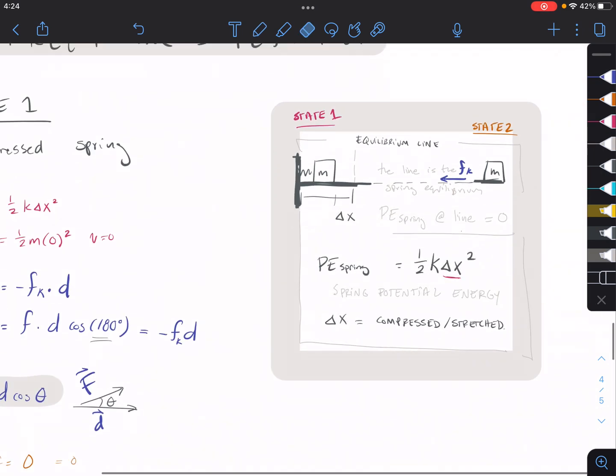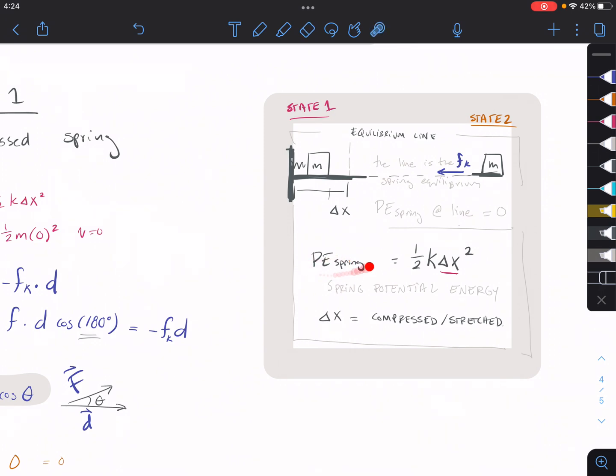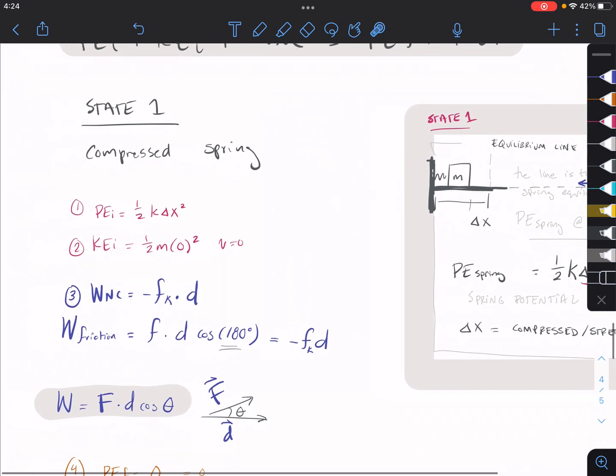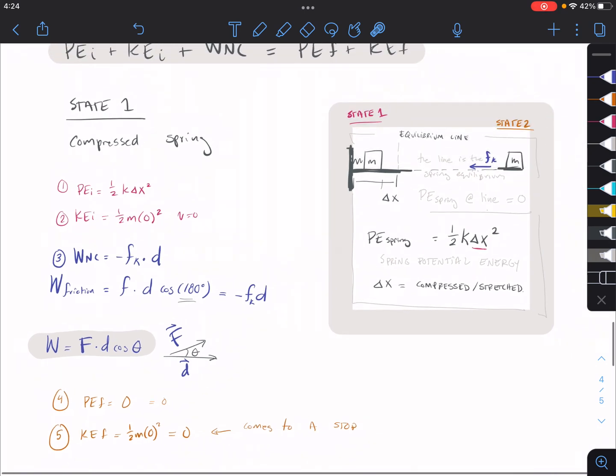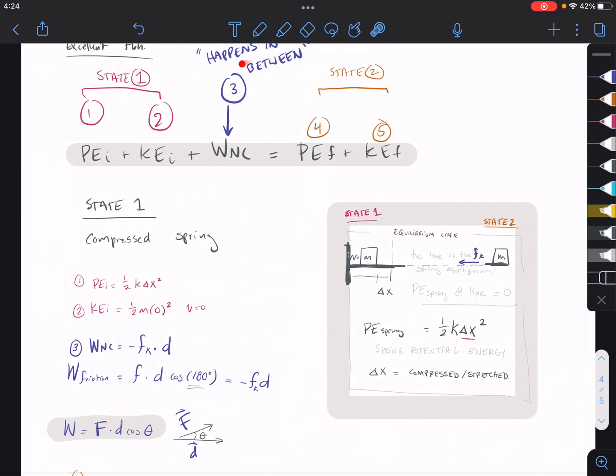Okay, so this general expression for the potential energy for the spring, this delta x is just the compressed or stretched distance away from an equilibrium line. So cool, we have potential energy there. For our non-conservative work, we have the friction times the distance, because remember, this is what happens in between. In between, we have this friction force that's acting against, and it's going to be taking work away.